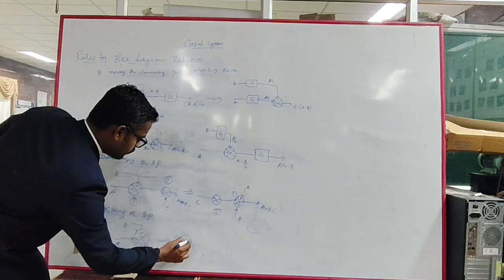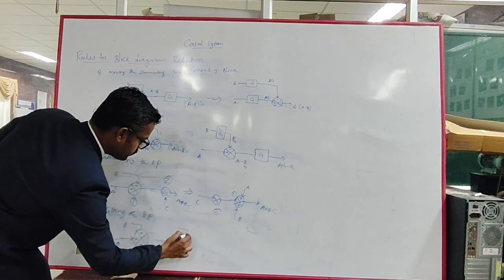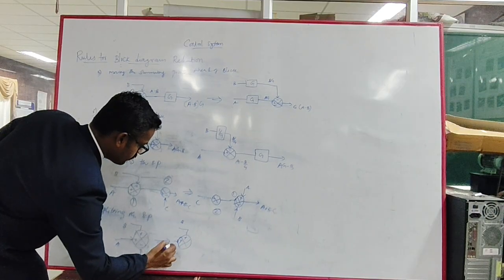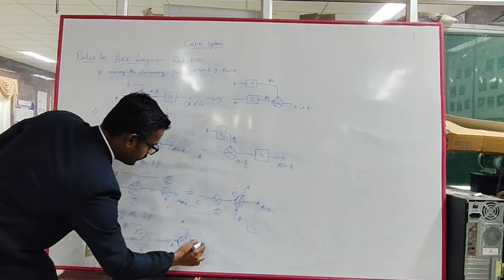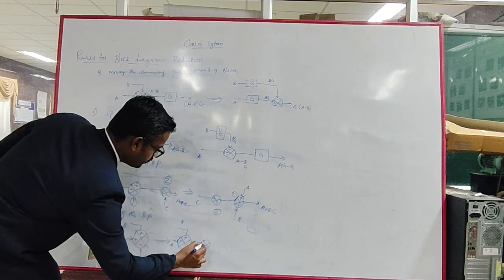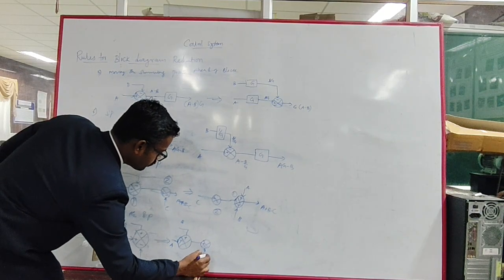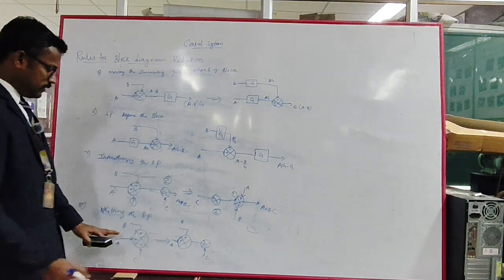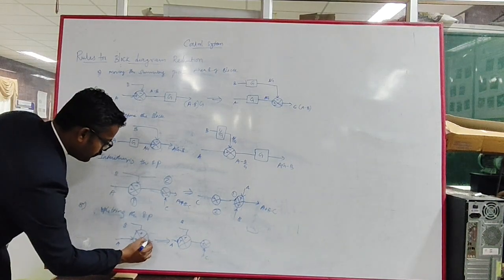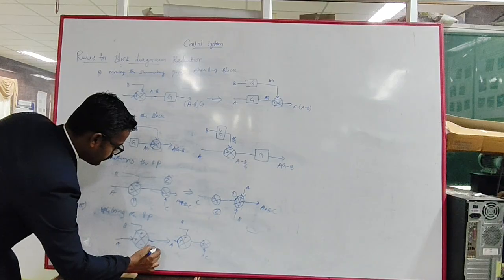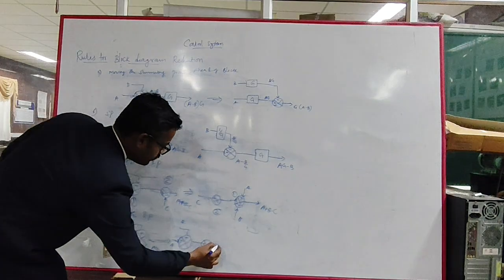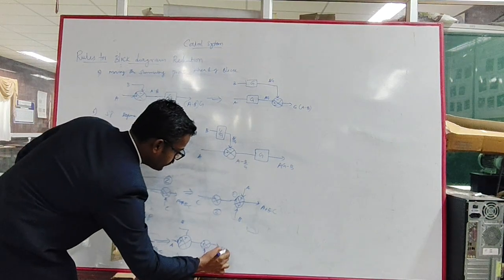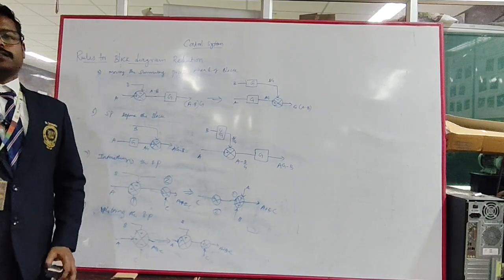First it will be split with plus, that is A and B, and it will be given to the second summing point with the C. So the same output, the output is A plus B minus C. Here also the output is A plus B minus C.